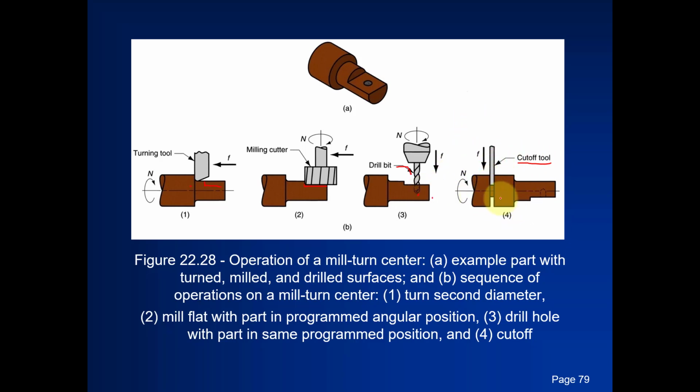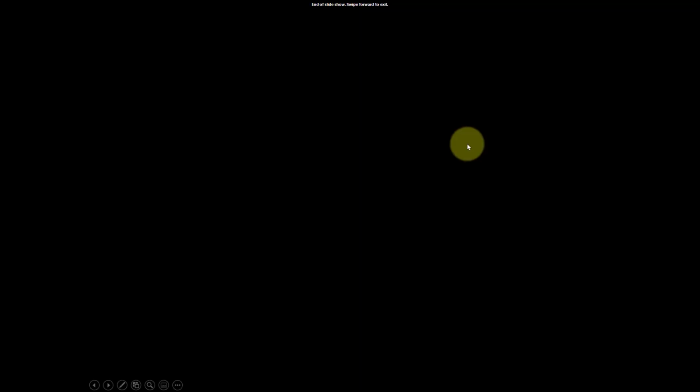So you can see that this is the final part. This surface will be flat and it will have a hole. So all these operations are performed by using mill turn that can perform turning, milling, drilling and cutting operations.